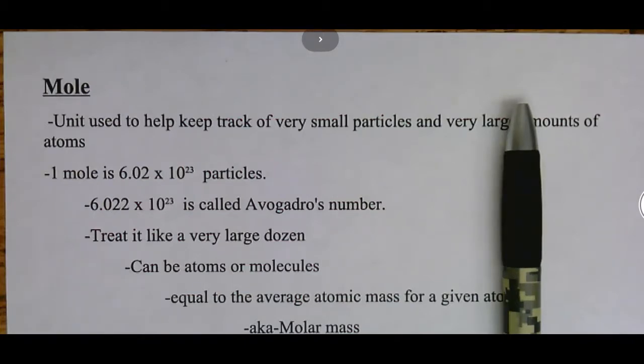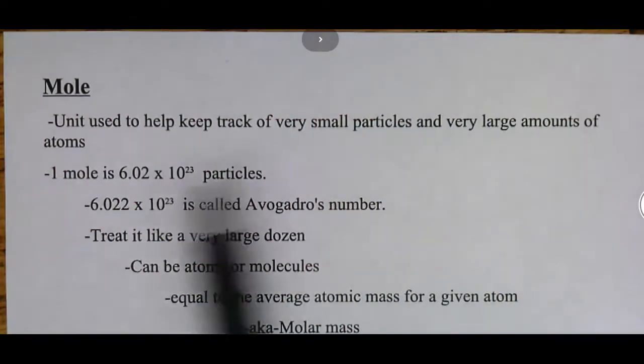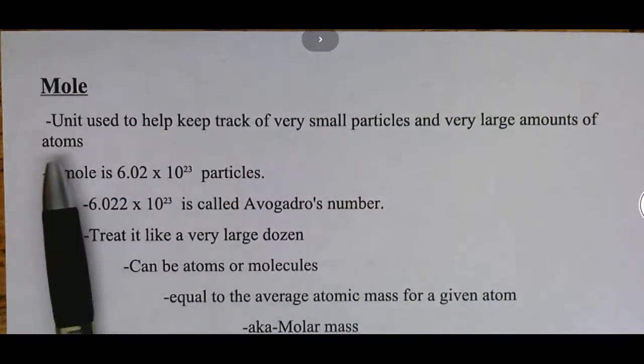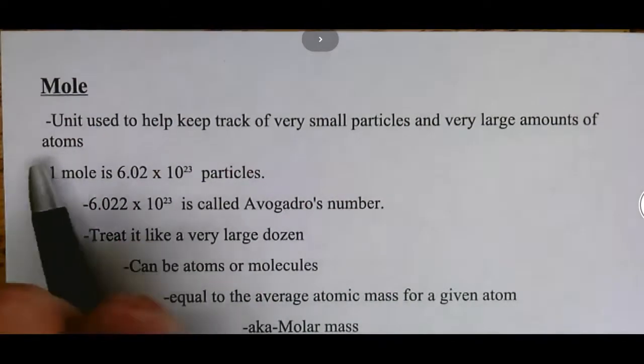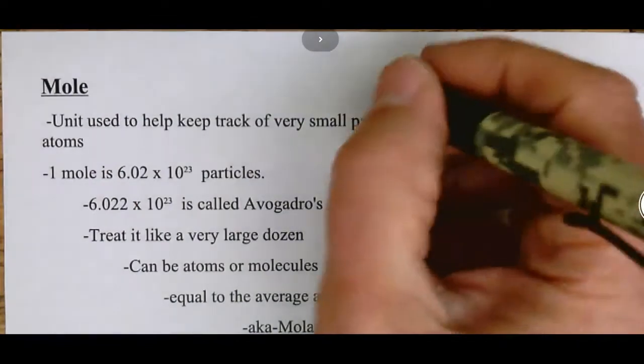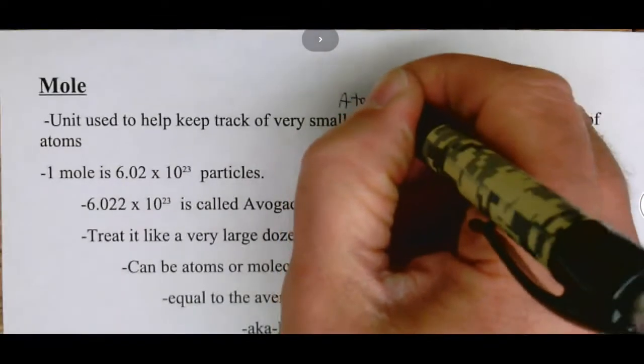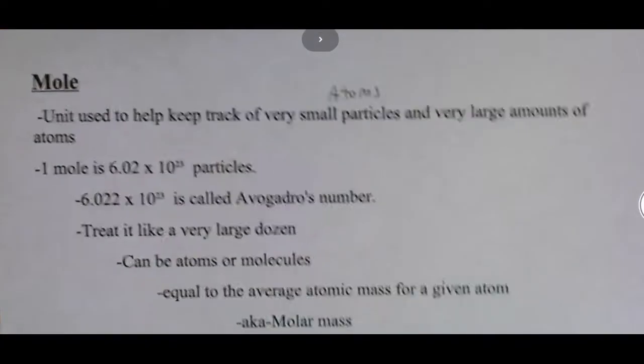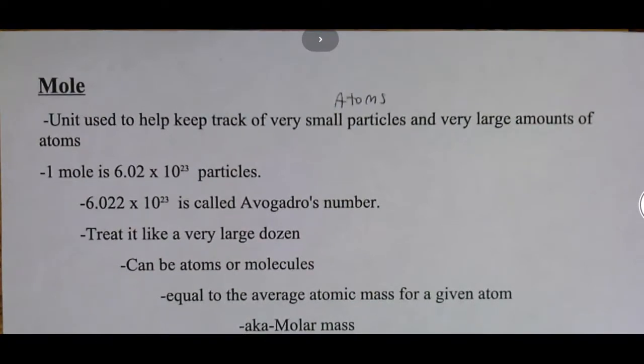So the mole is really a unit. And this unit is used to help us keep track of atoms. And atoms are really small particles. Okay? This is really this small particle. But also because they're small, there's a lot of them.